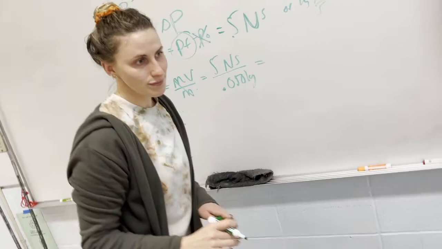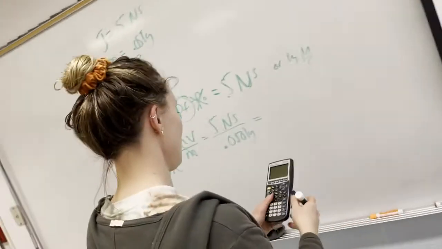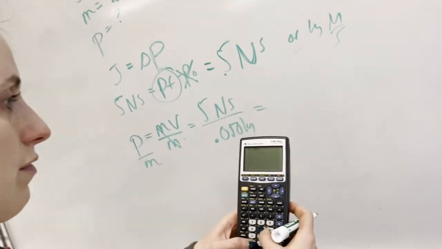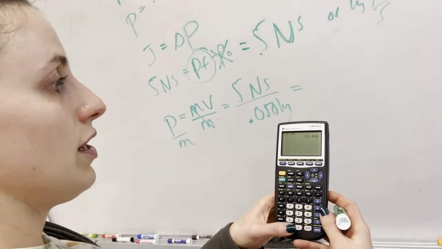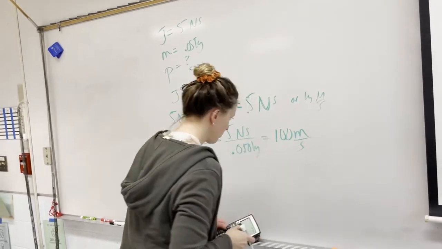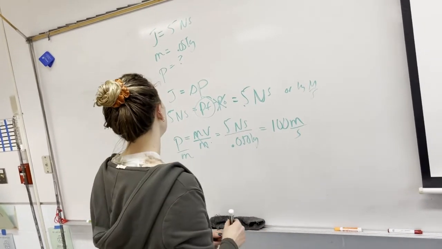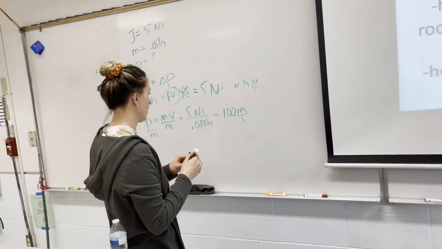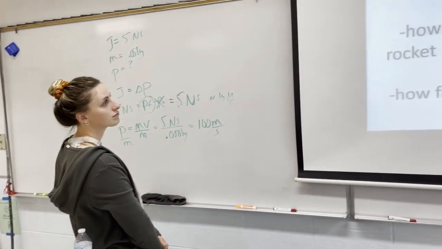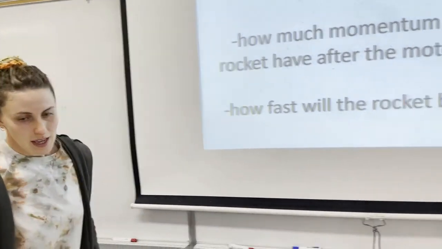So 5 divided by 0.050 equals 100. 100 meters per second. That's pretty fast. All right, so that's when the rocket blasts off. Pretty simple, pretty straightforward. Okay, your homework.